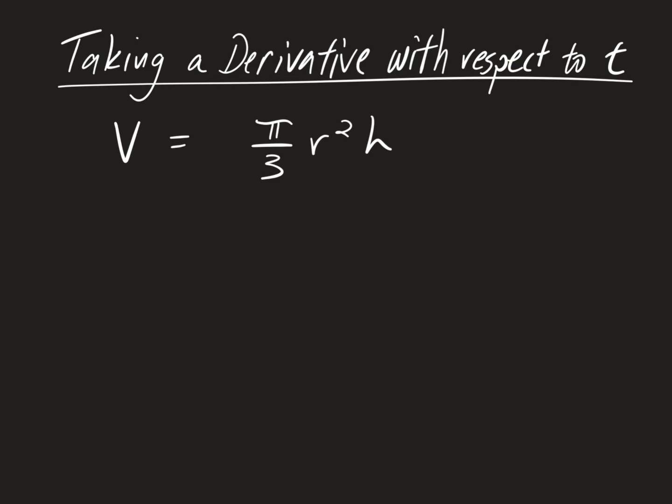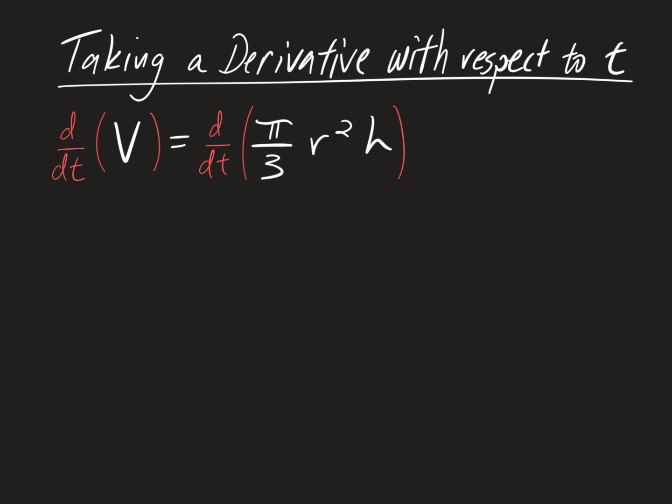These are all questions we could ask about this, but in order to take the derivative, what we're going to do is we're going to take the derivative of both sides of this equation with respect to t. And what this does is it creates an implicit differentiation problem. And we will also inherently be using the chain rule here.